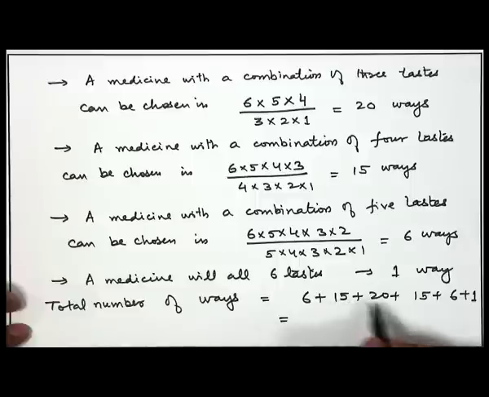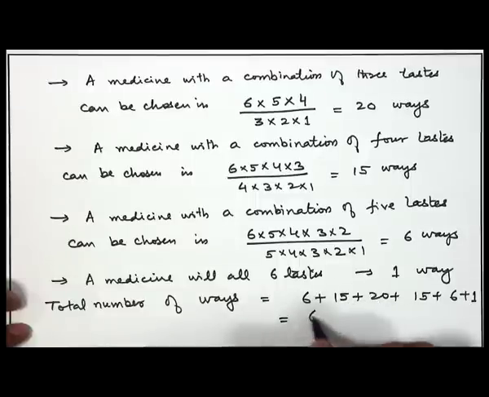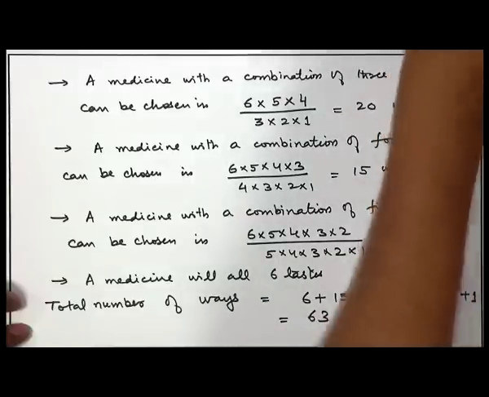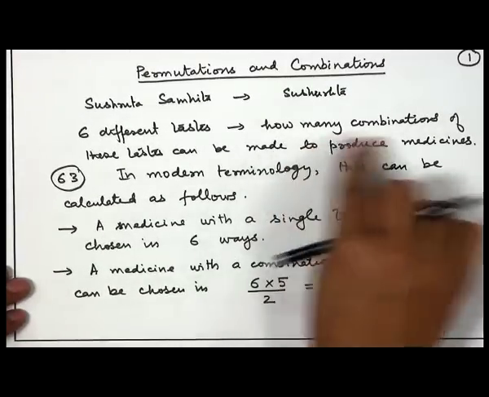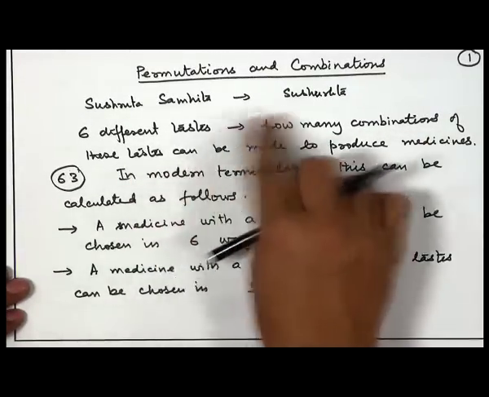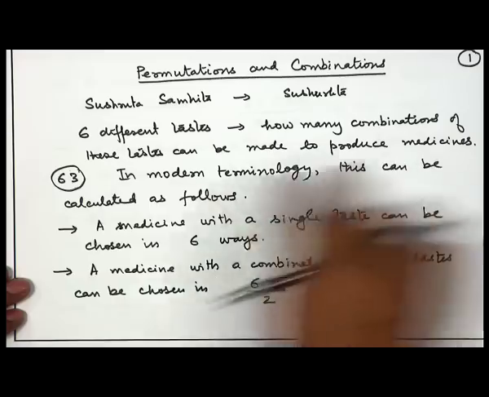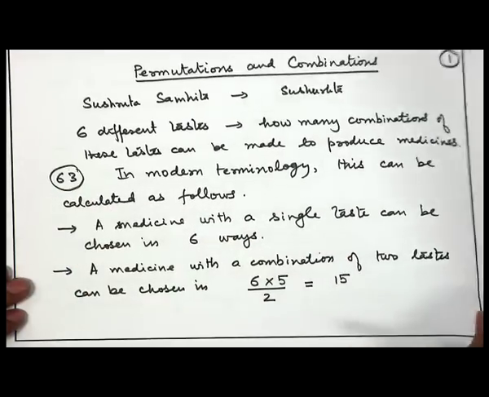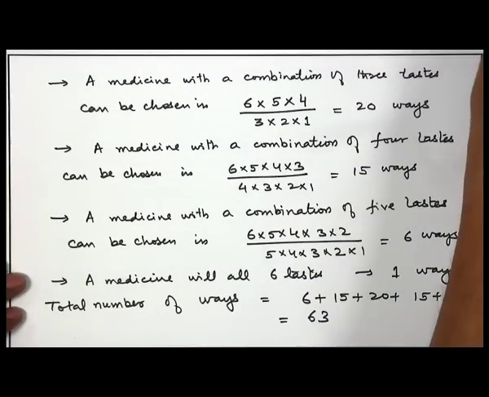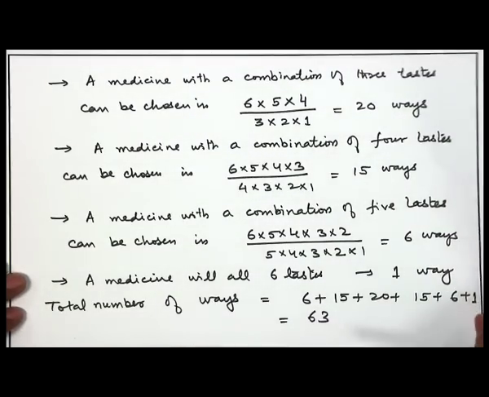So, that you can see easily is 63. So, you can see here how many combinations of 6 different tastes can be made to produce medicine. So, there are 63 ways. This type of calculation was known in ancient India.